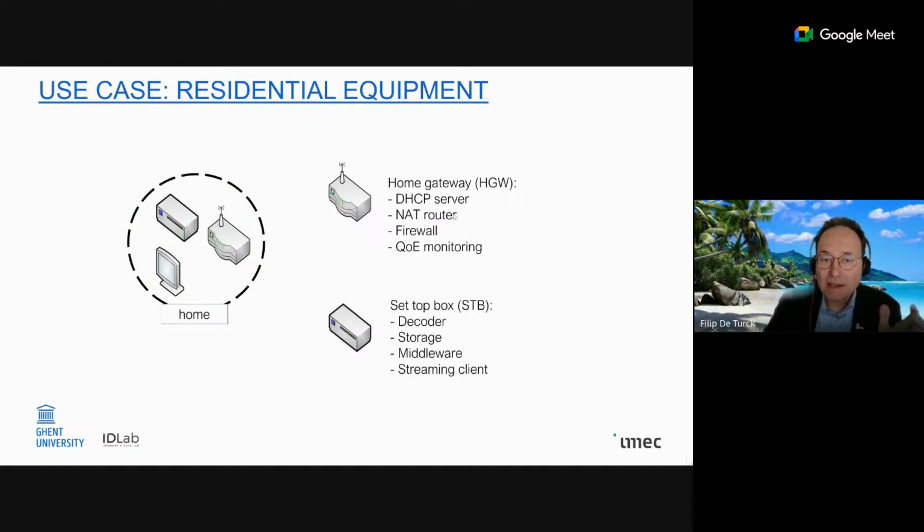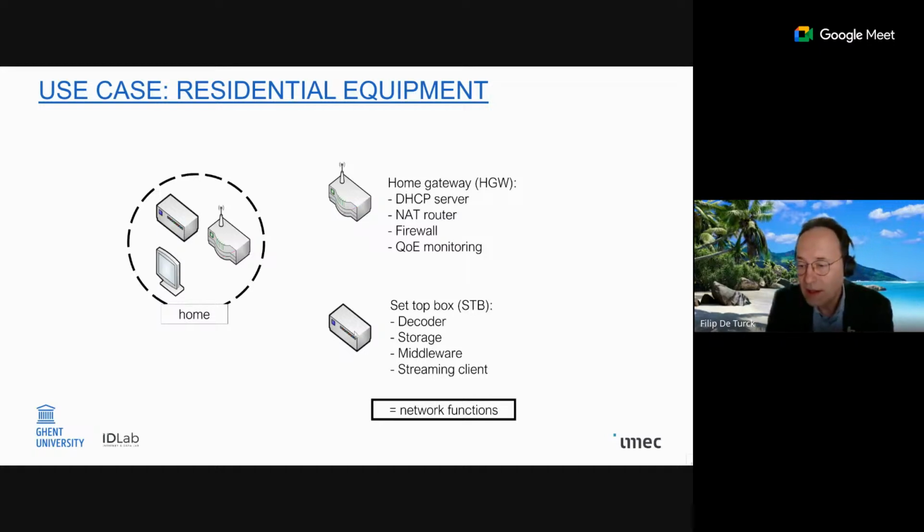So if we look at these functionalities on the home gateway and the set-top box, these are typically called network functions. And when they are executed on these boxes, they are executed inside your homes. But if we virtualize them, so virtualized network functions, VNFs, then they will be executed not in your home, but in a remote data center.